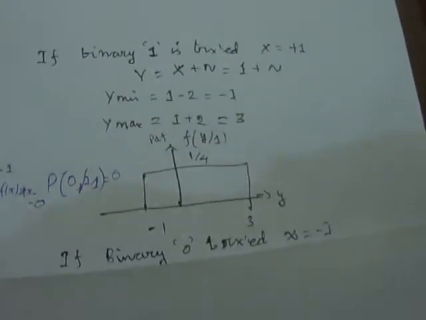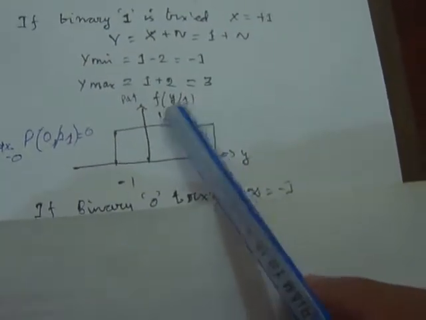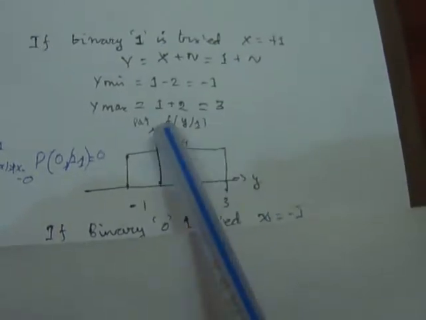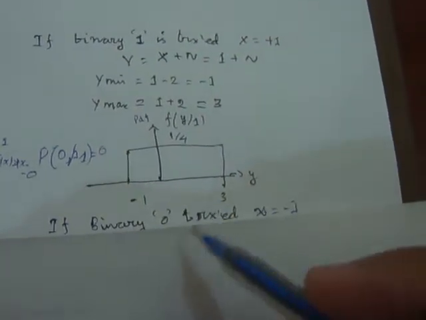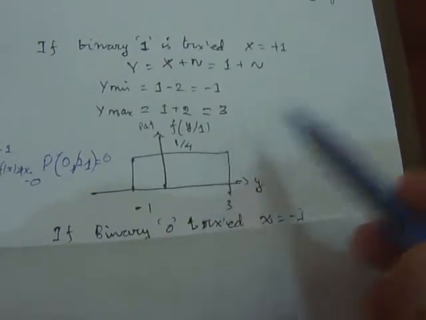Using this, we draw the probability density function when 1 is transmitted. Using these limits, -1 to 3, the amplitude is 1/4.